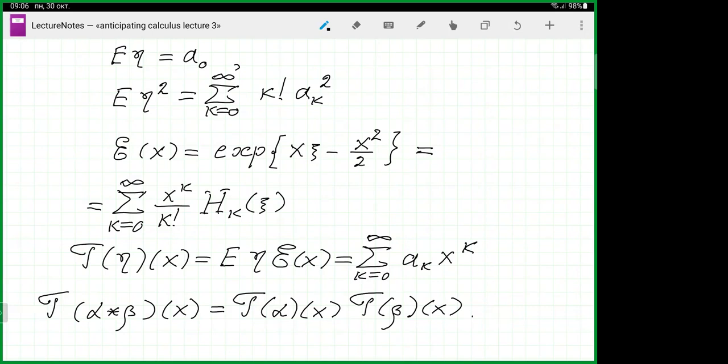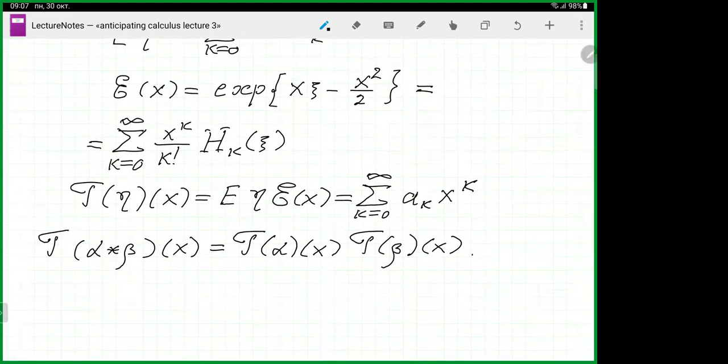And our aim is to make the bridge, to understand that these tools which we discovered last time can be extended to the case which is more applicable, when we have functionals from an infinite family of Gaussian random variables. So this is the first step which we will do today.